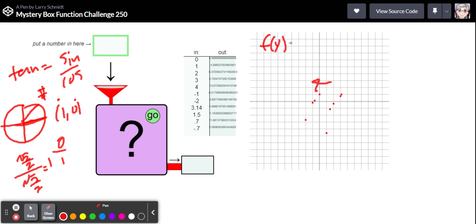And if that's the case, that would be f of x equals the tangent of x plus pi over 4. And that would make sense that we'd get to a 1 here at 0, because 0 plus pi over 4 would be pi over 4, and that's the value for tangent that you'd expect at pi over 4.